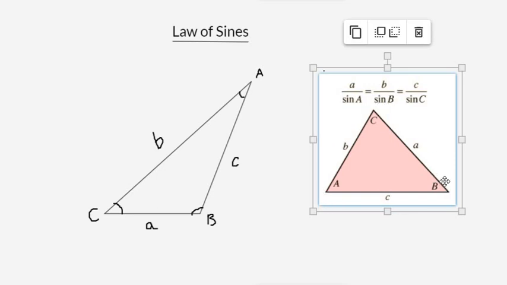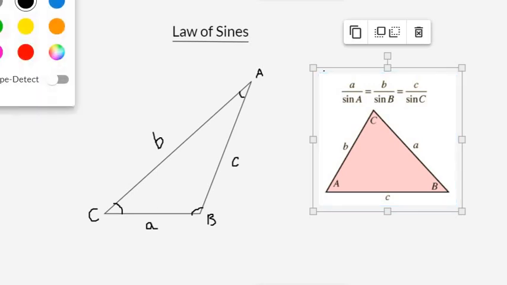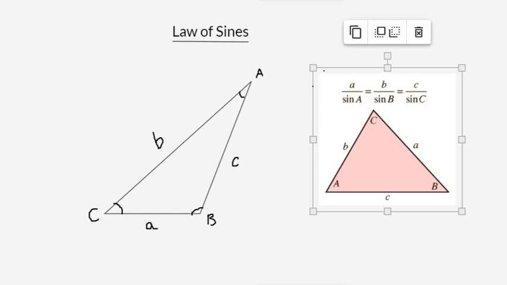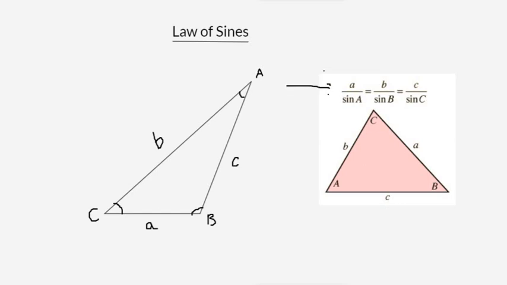If your triangle is labeled in this way, then the law of sines can be applied. The law of sines states that a over sine A is equal to b over sine B and c over sine C.